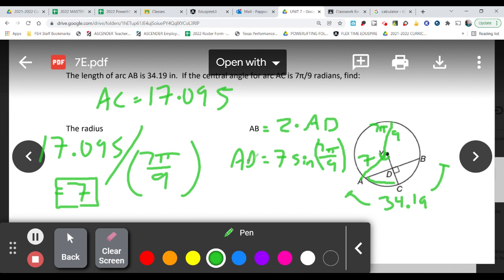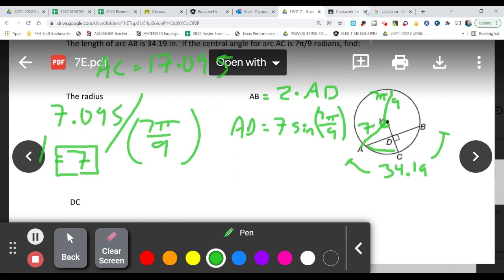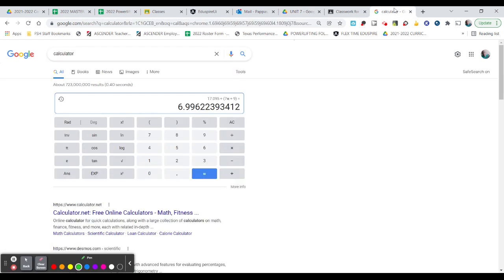So AD is going to be 7 times sine of 7 pi over 9. So AD is going to be about 4.5.